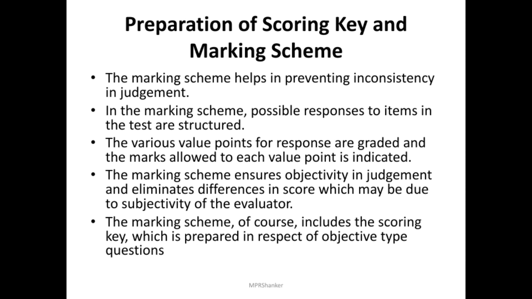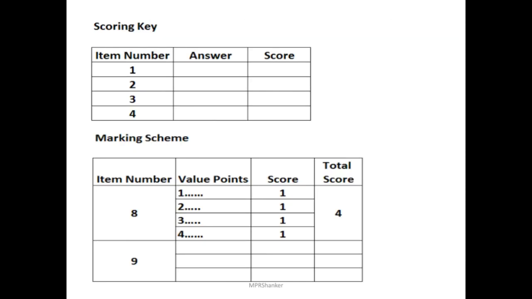Here we have the template for constructing a scoring key and marking scheme. In the scoring key, we have just the answer and the score allotted for each objective type item.